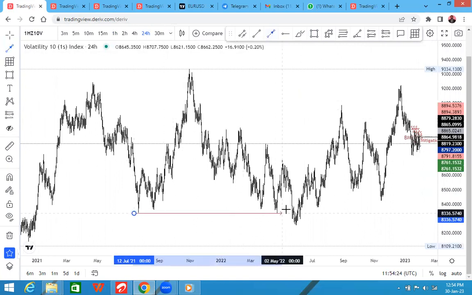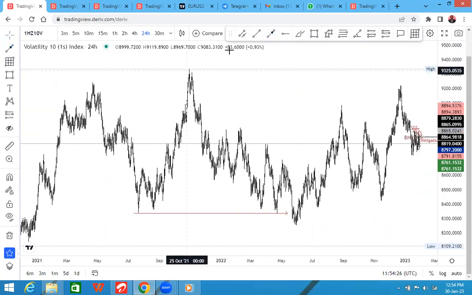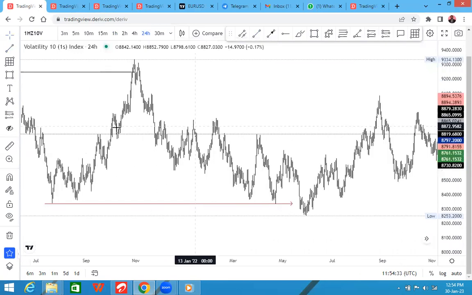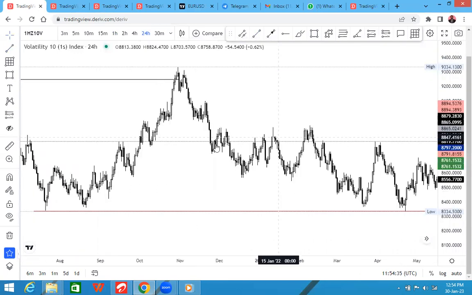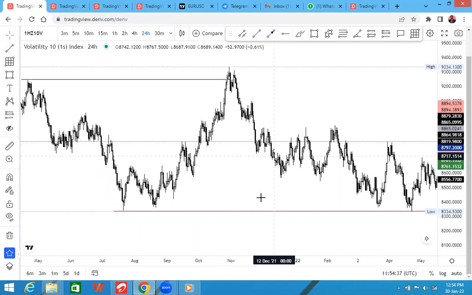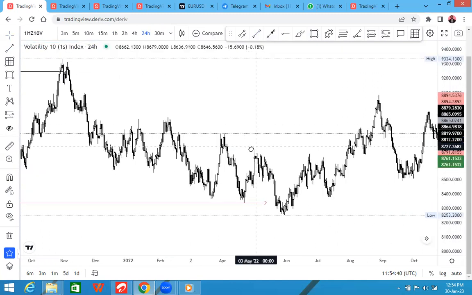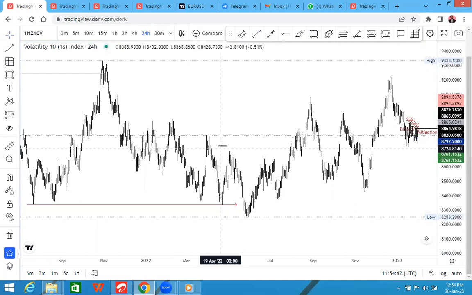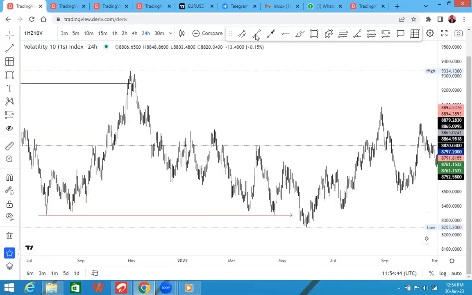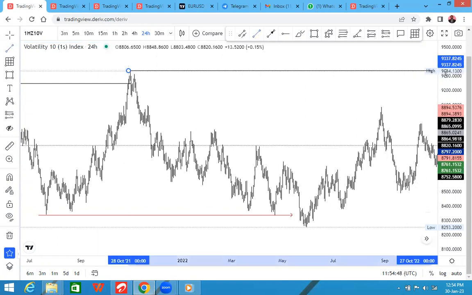Price broke structure after giving us a higher high, so this was like a sweep of liquidity. Price closed above, we have looked at this before, and then came and now closed below. So this was a retracement now. Price is retracing, so this becomes my range high on daily.